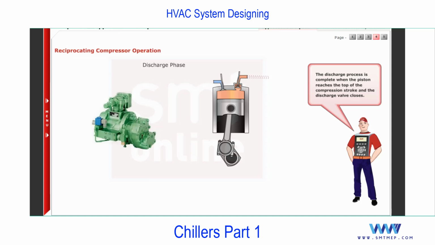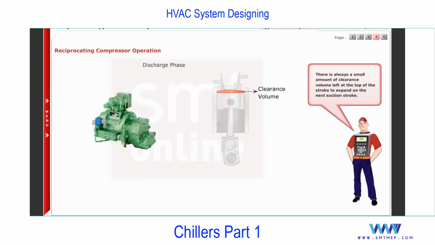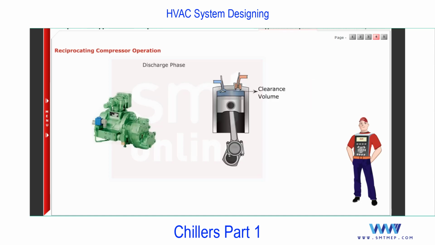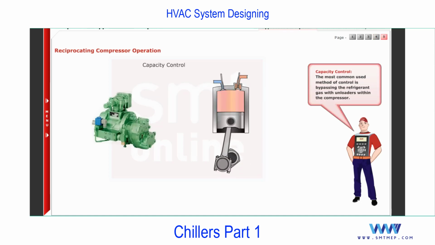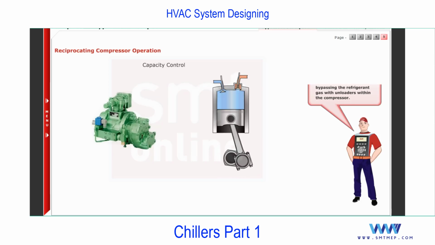The discharge process is complete when the piston reaches the top of the compression stroke and the discharge valve closes. There is always a small amount of clearance volume left at the top of the stroke to expand on the next suction stroke. Capacity control. The most commonly used method of control is bypassing the refrigerant gas with unloaders within the compressor.